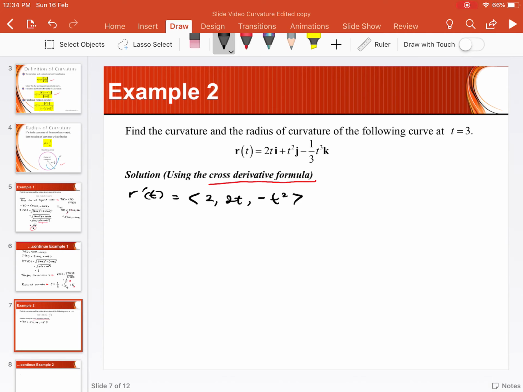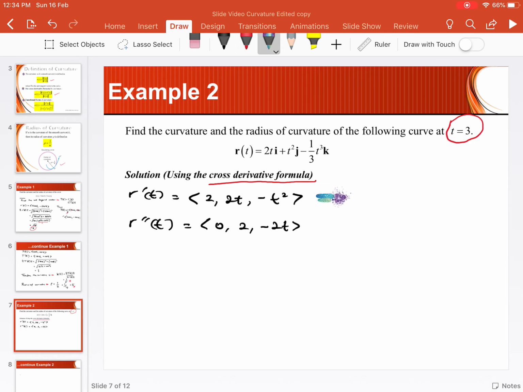And then next we need to find r double prime t. So differentiate 2, we get 0. Differentiate 2t, we get 2. Differentiate negative t squared, we get negative 2t. Now, since we are given a specific value of t, we need to substitute t equals 3 in our r prime and r double prime.